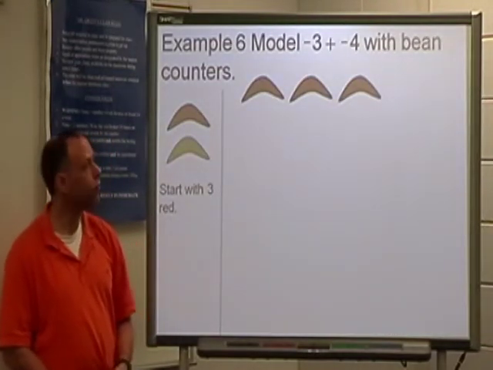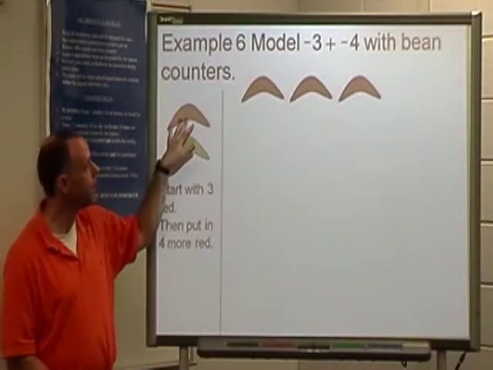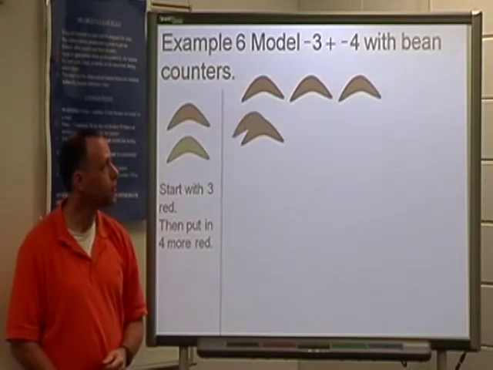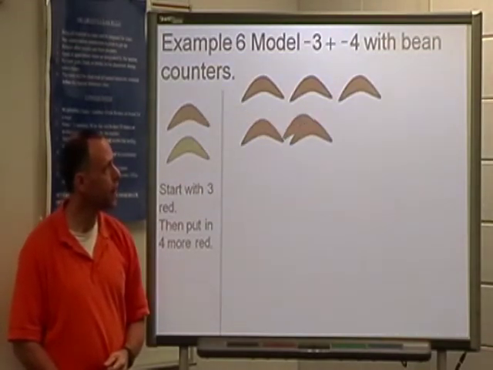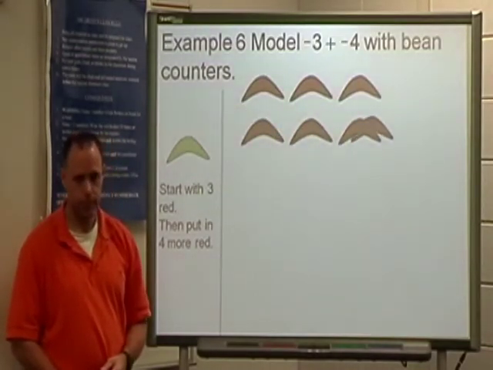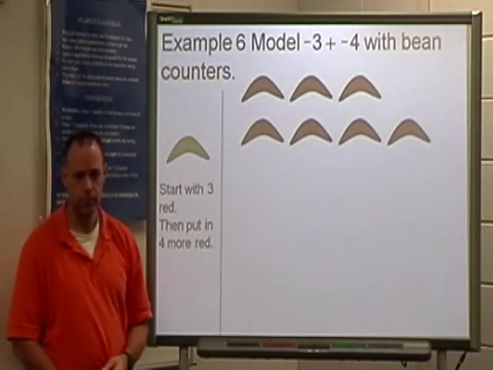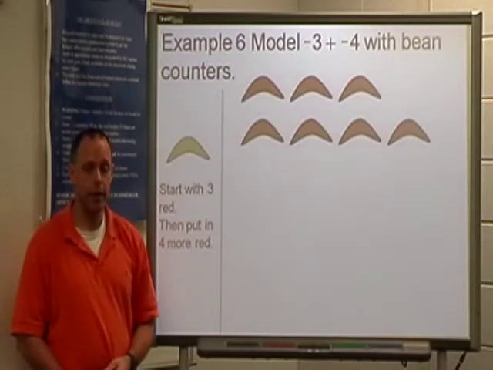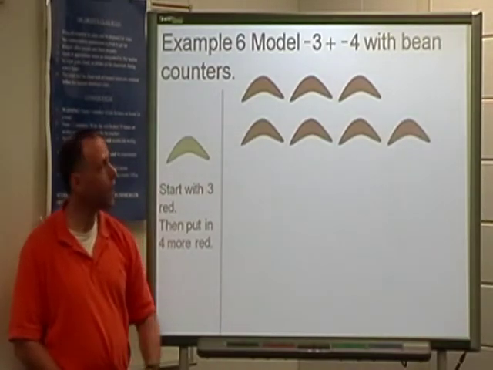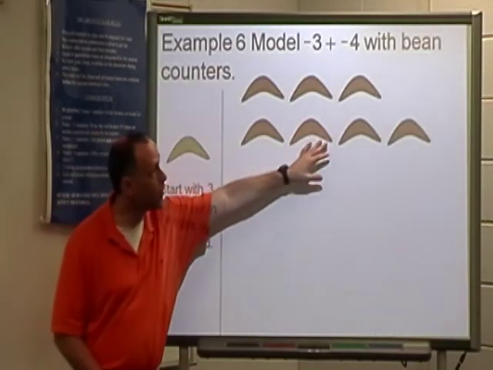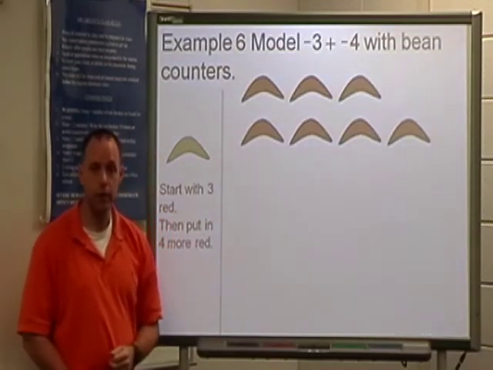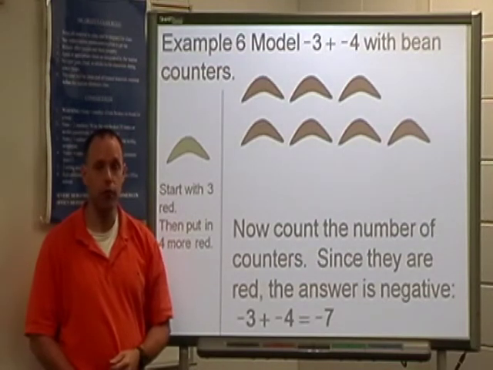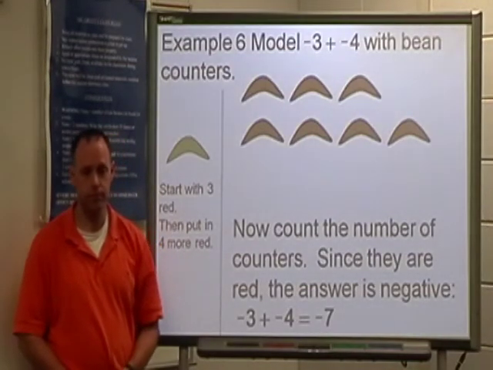So I need to move 4 more red counters into my workspace. 1, 2, 3, and 4. Find out what negative 3 plus negative 4 is. Count the number of counters, and I have a total of 7 counters here, and since they're red, the sum of negative 3 plus negative 4 is negative 7.